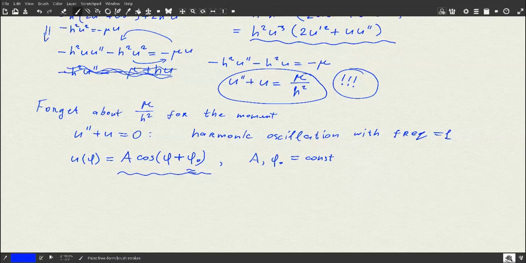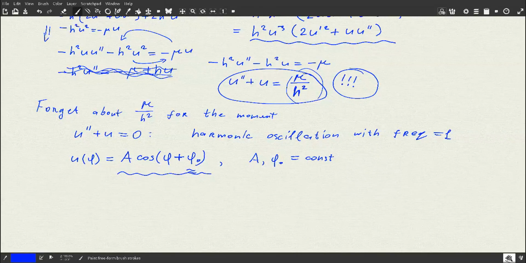Unfortunately, we have a slightly different equation, with mu over h squared on the right-hand side. But it is extremely easy to modify our solution to accommodate the right-hand side as well.